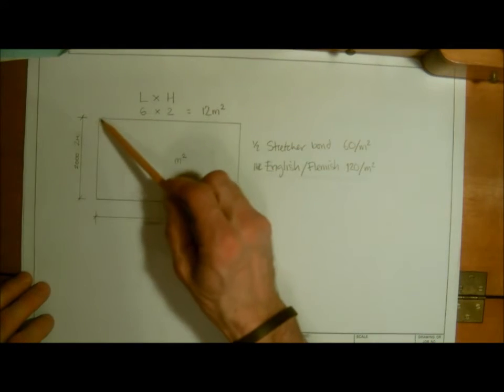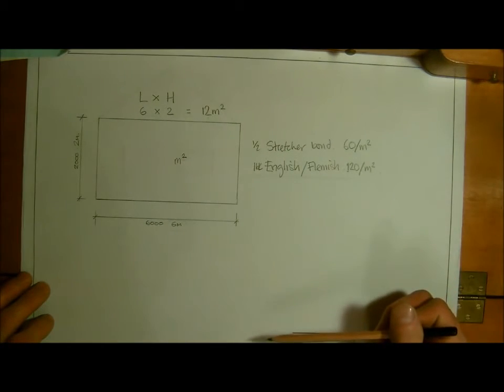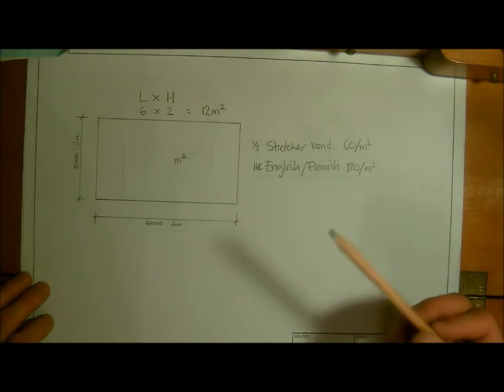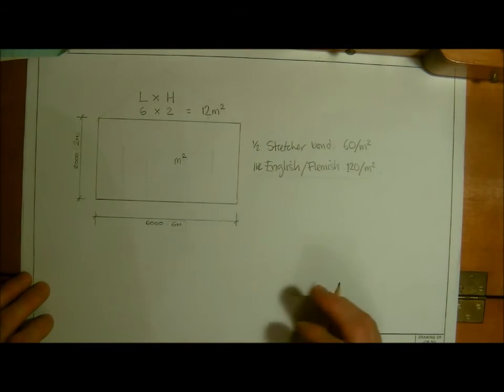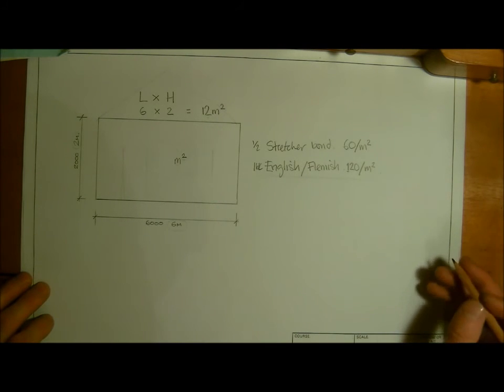We're also going to do gables, working out the amount of bricks and blocks for a gable. Another thing we're going to have to do is work out wastage, which means working out percentages.